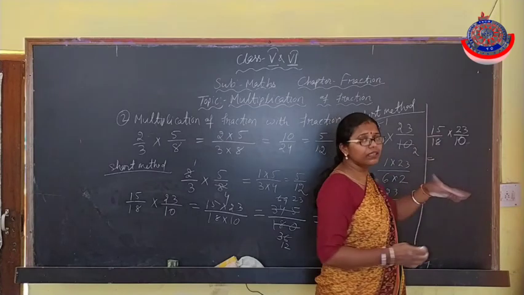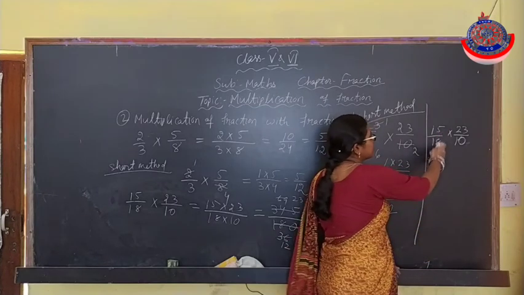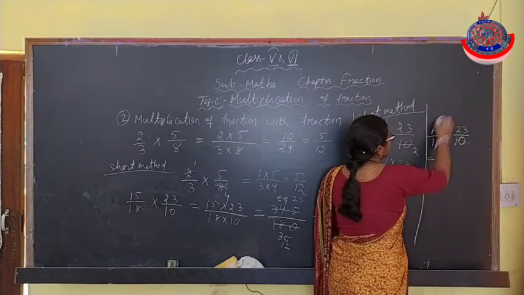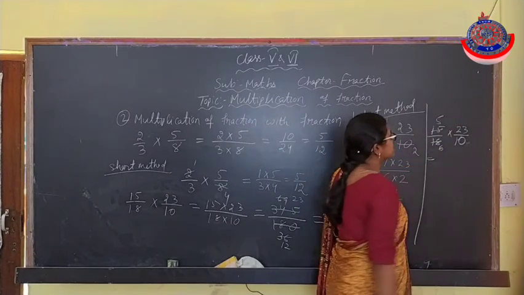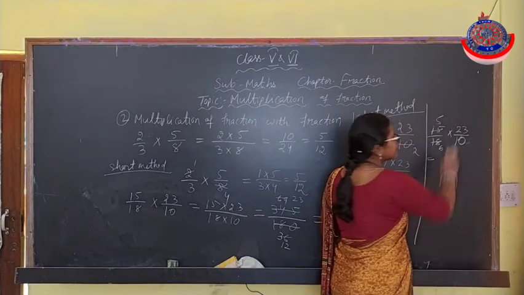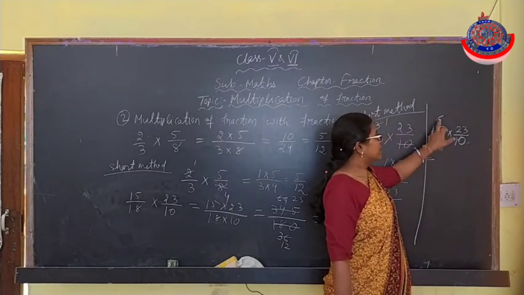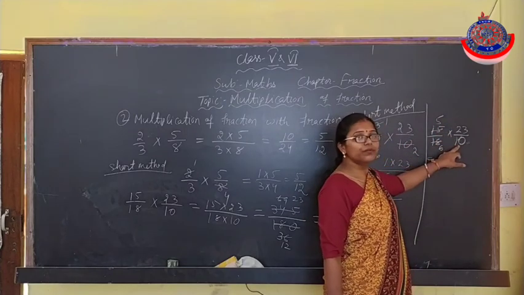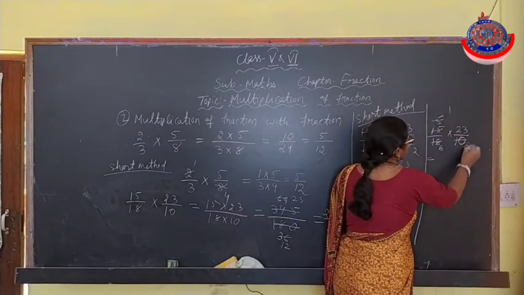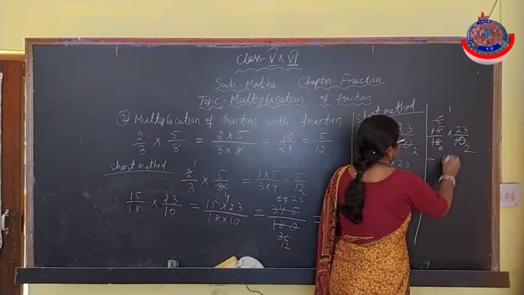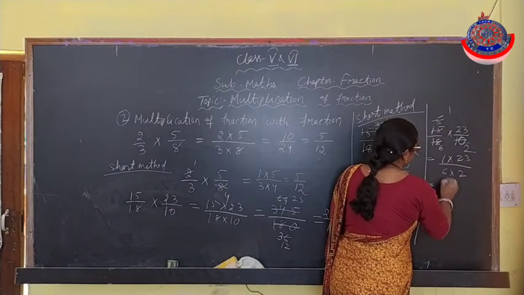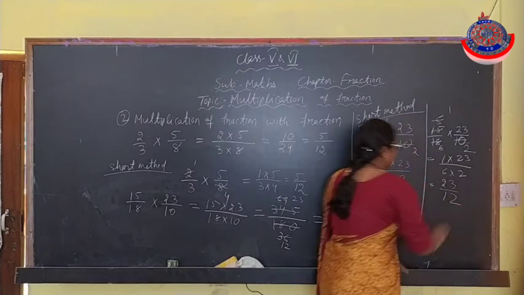That's why we are taking the HCF. And what is the HCF of 15 and 18? 3 5s are 15, 3 6s are 18. Now see here 5 there, here 10 there. They both will also be divided by 5. 5 1s are 5, 5 2s are 10. See now same there. 1 into 23 by 6 into 2. 23 by 12. Okay.